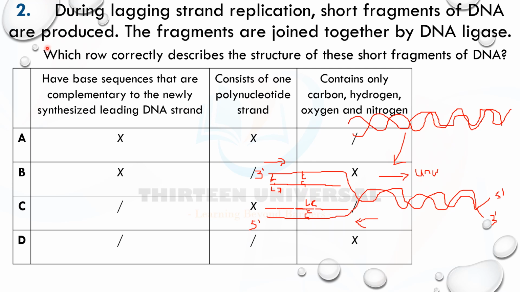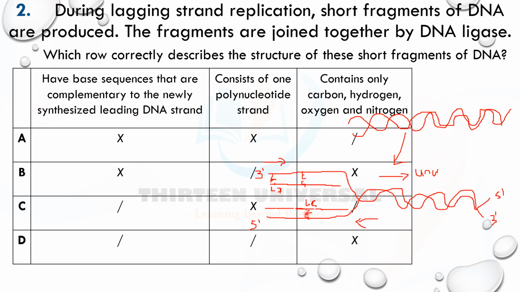Let's go back to the question. Which row correctly describes the structure of this short fragment of DNA? This short fragment is the Okazaki fragment that is used to make the lagging strand here. They say it has a base sequence that is complementary to the newly synthesized leading strand.